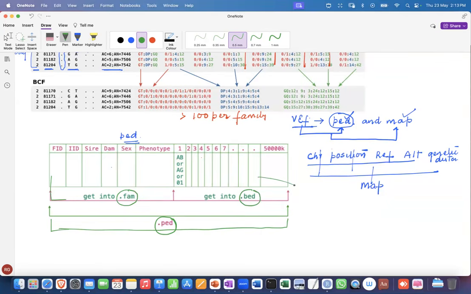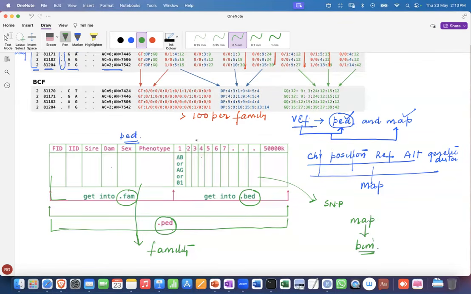The BED file includes all the information regarding the SNPs, whereas the FAM file includes all the information regarding the family, right? You remember, along with the PED, there was a map file. And this map file is converted into a binary form of a map file, and that is called the BIM file.